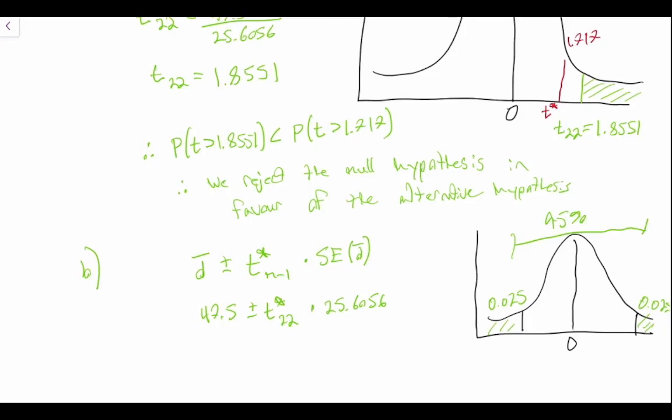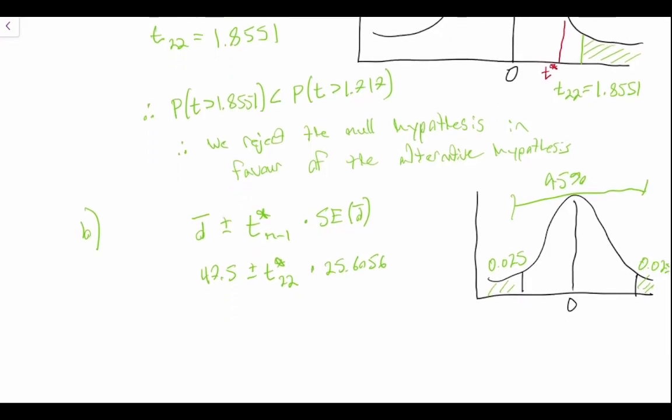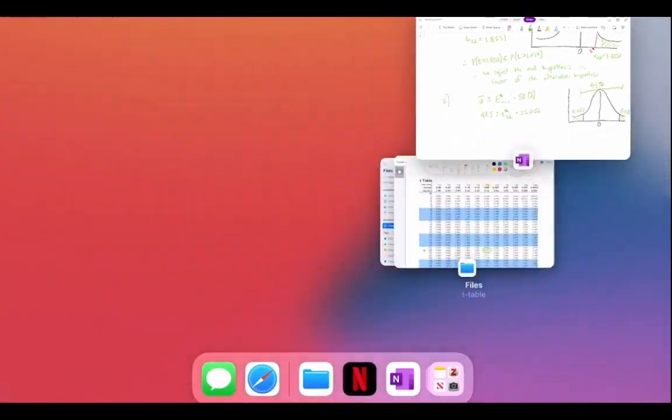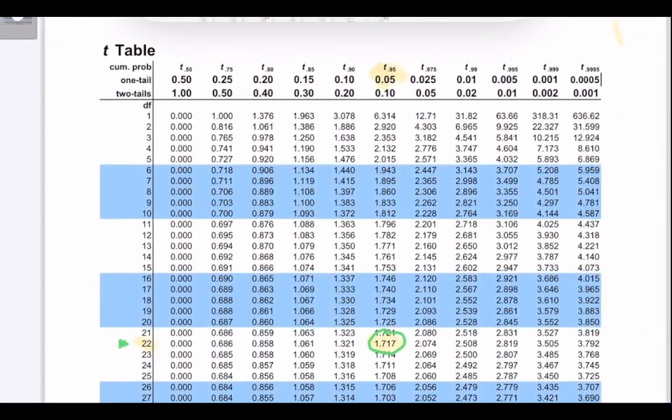So we need to go back to our t-table. Before, we picked this one, but in this case, we're looking at a two-tailed distribution. So we're going to go right here, and we're going to go to 22 degrees of freedom, which gives us a t star of 2.074.